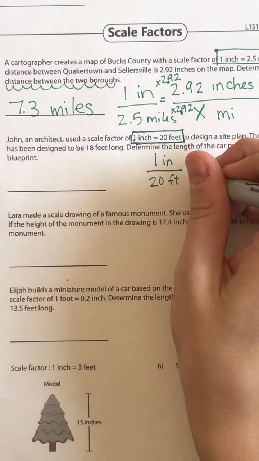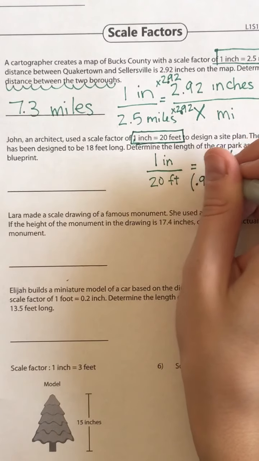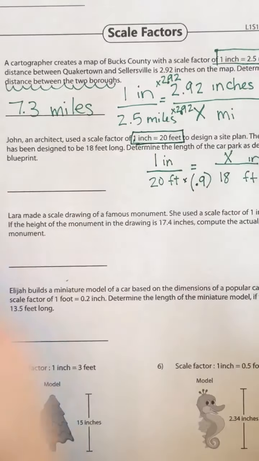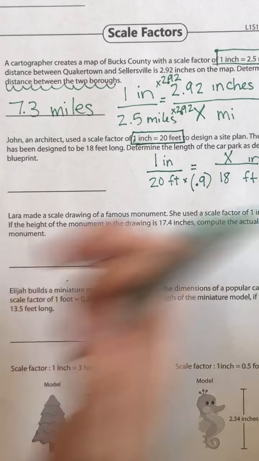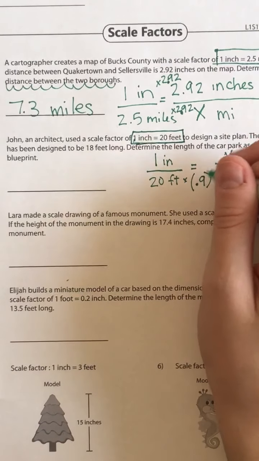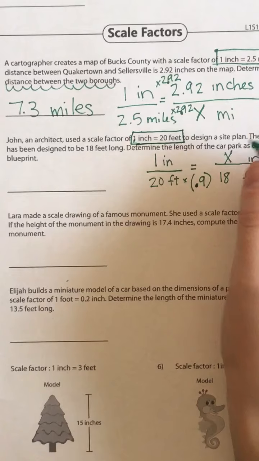So I'm multiplying by 0.9 because 20 times 0.9 equals 18. So that is my scale factor.